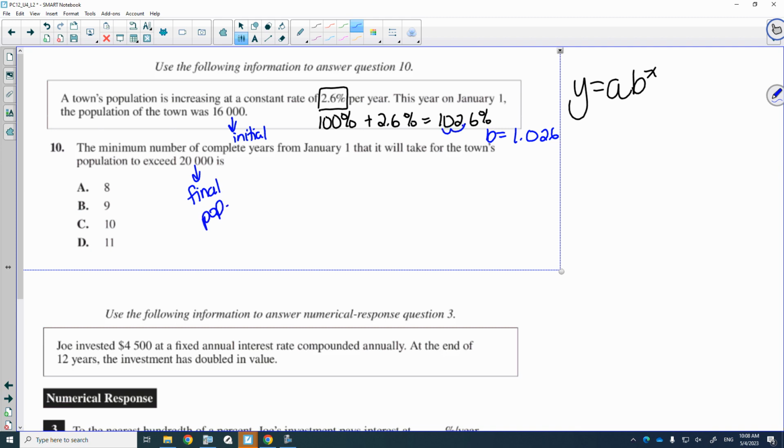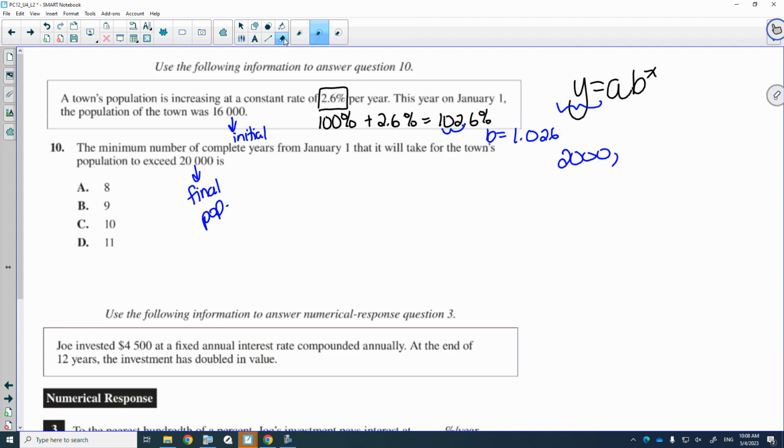So 20,000 is equal to the initial population, 16,000, times our base 1.026 to the x, and we're figuring out x, which is our number of years.